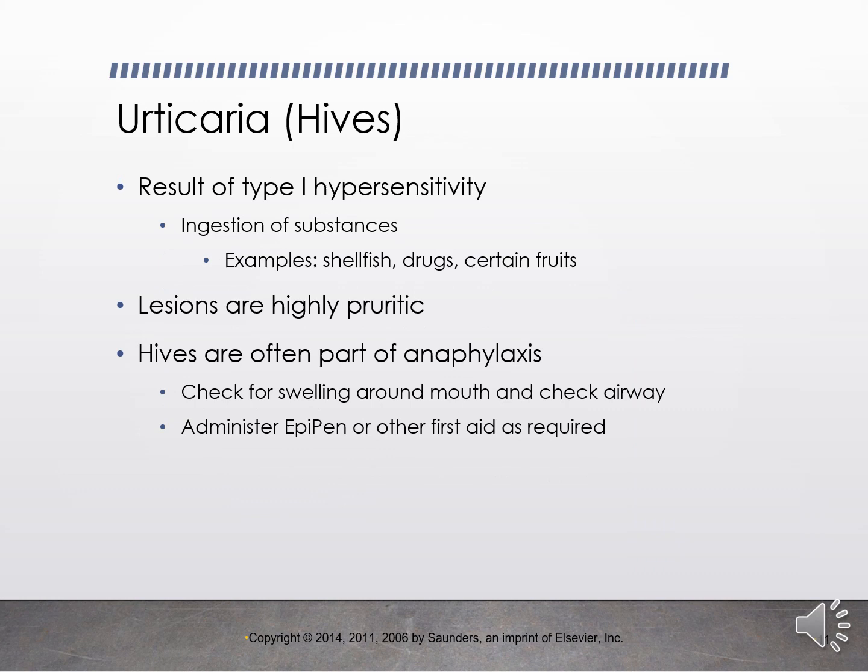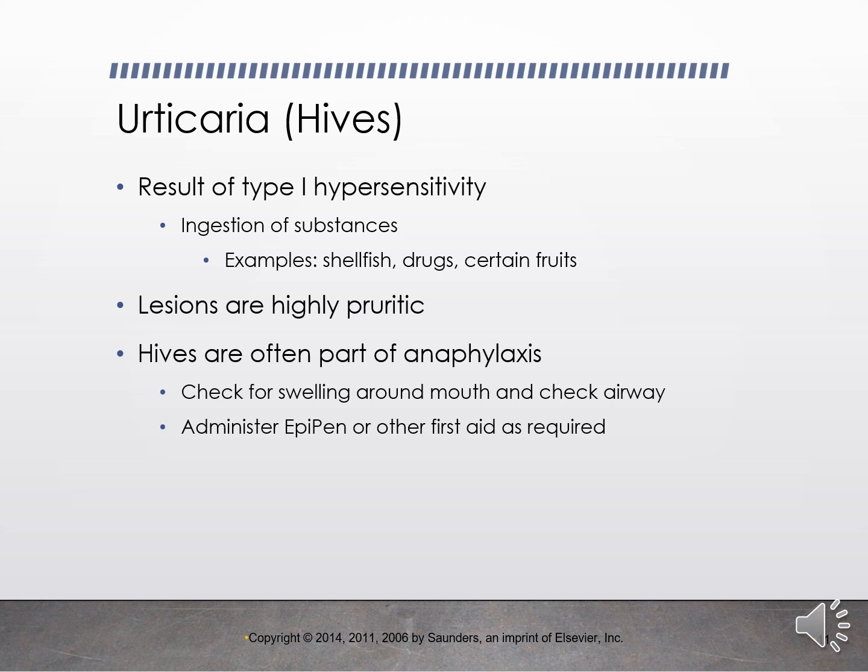Urticaria, this is hives. This is a form of a type 1 hypersensitivity or allergic reaction. It's usually caused by ingested substances like shellfish or fruits or different drugs. This causes a release of histamine that causes raised, hard, red lesions on the skin scattered all over the body. There's a picture on page 147 of your book.